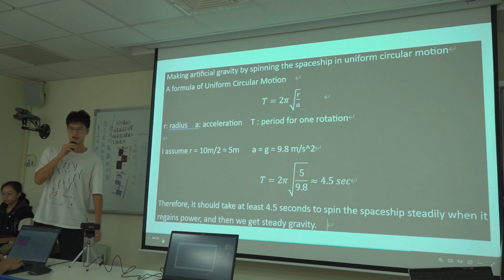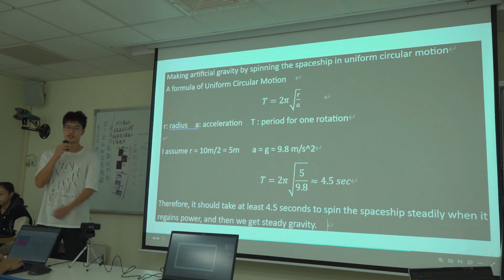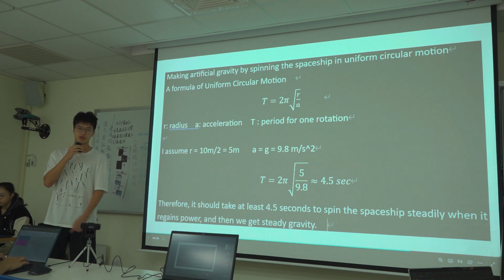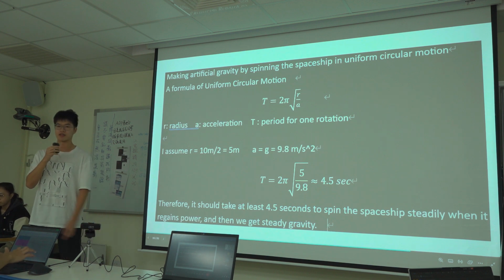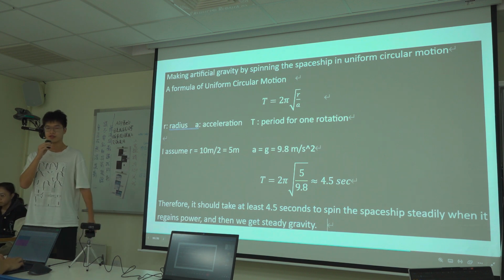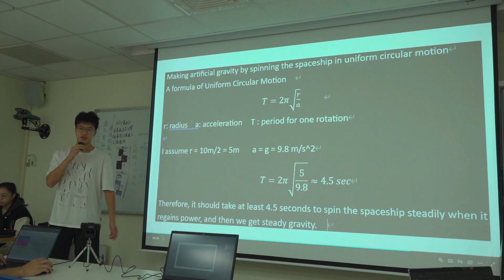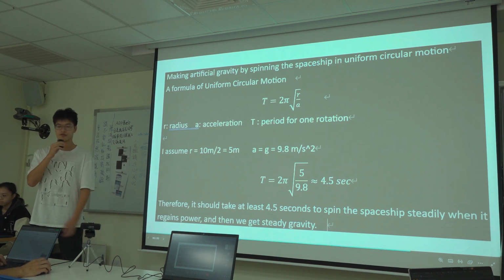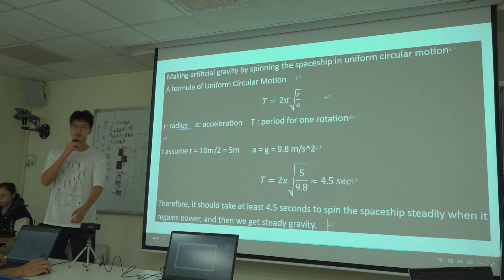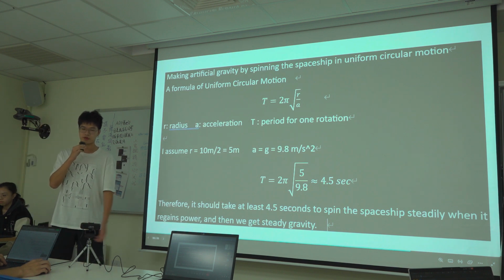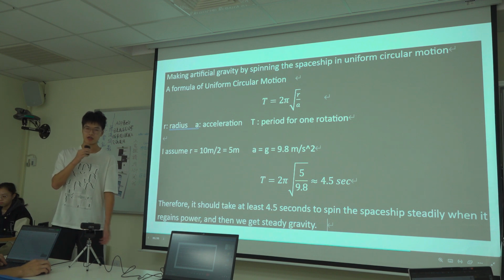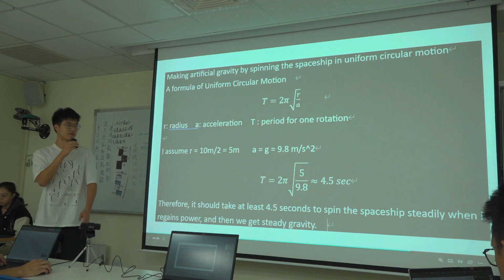If you want to make artificial gravity, you have to spin the spaceship in uniform circular motion to produce centripetal force. And if you use the correct parameters, you can produce the same gravity as Earth on the spaceship.